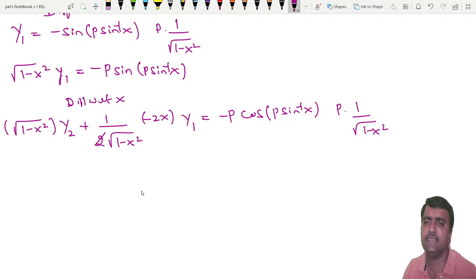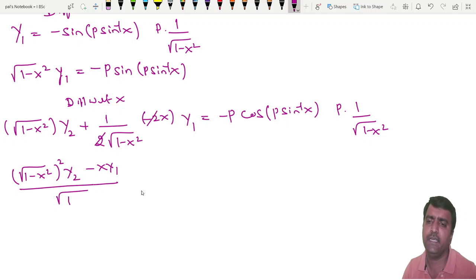Here you can cancel this 2 and 2 and take root of 1 minus x square as the LCM. So then it is root of 1 minus x square whole square into y2 minus x y1, this whole divided by root of 1 minus x square, is equal to minus p into p, that is minus p square, into cos of p sine inverse of x.